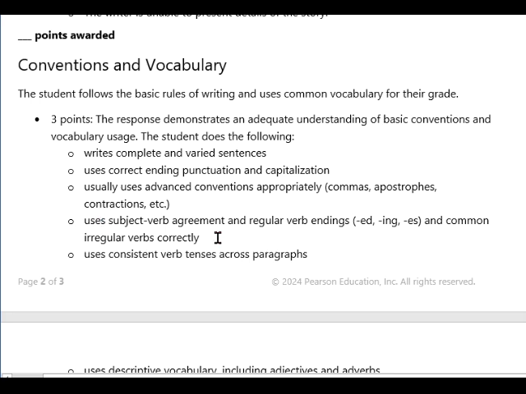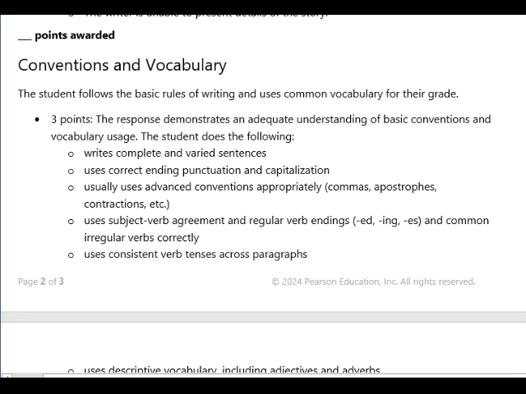Use subject-verb agreement and regular verb endings. So if someone's doing something right now, remember they are running. If someone did it in the past, then maybe they jumped. Make sure if there's more than one, you wash the dishes. Make sure that you've got that subject-verb agreement and regular verb endings used correctly.